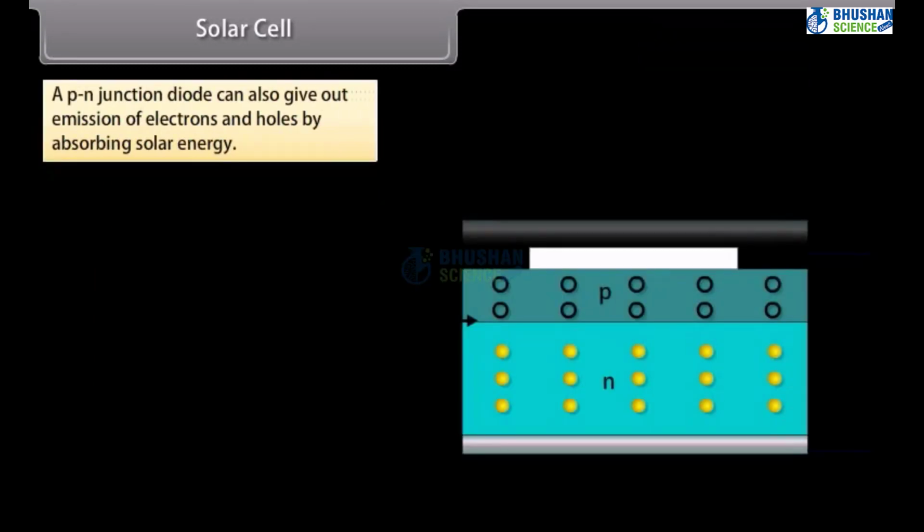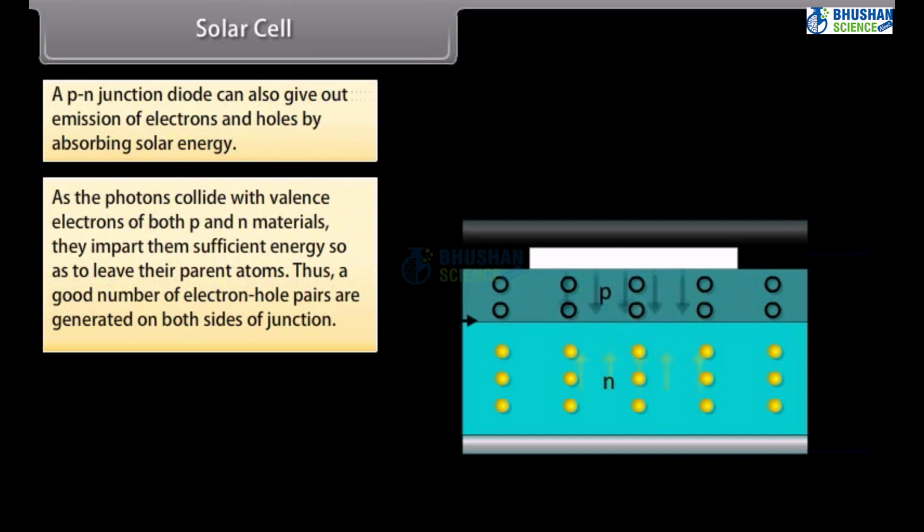A p-n junction diode can also give out emission of electrons and holes by absorbing solar energy. The p material at the top is very thin compared to the thickness of the n material. Thus, solar energy photons entering from the top glass window easily penetrate up to both sides of the junction.